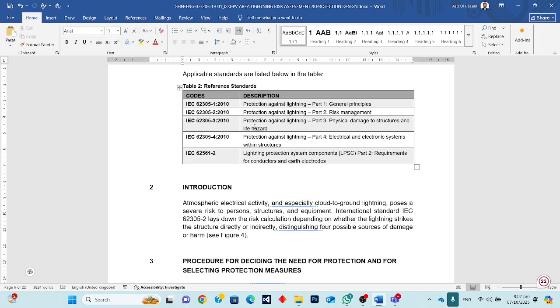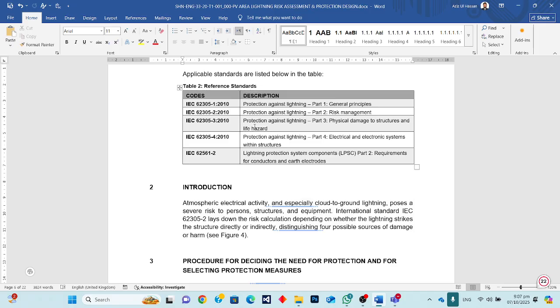Like in a solar power plant, on large-scale projects, we have to do different things, like installing finials on the mounting structures.